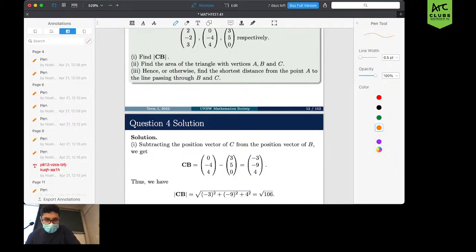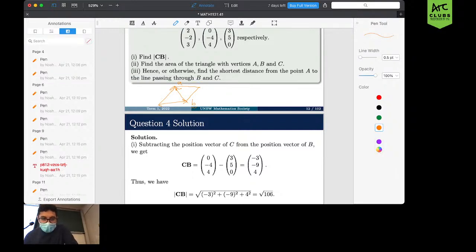Now, I'm going to draw a diagram just about here. So say we have vectors A and B, and we have the parallelogram spanned by those two vectors.